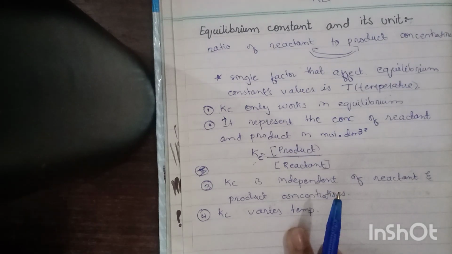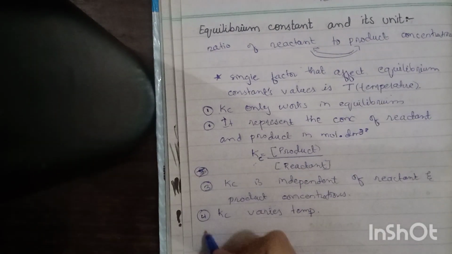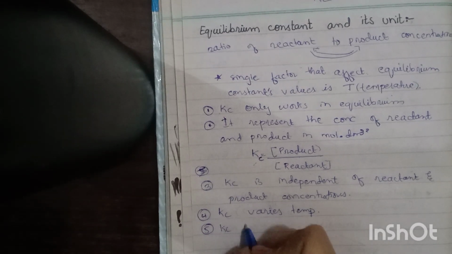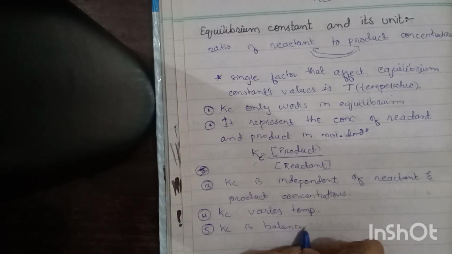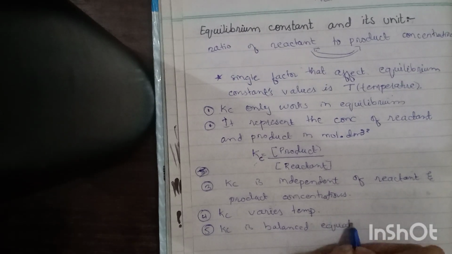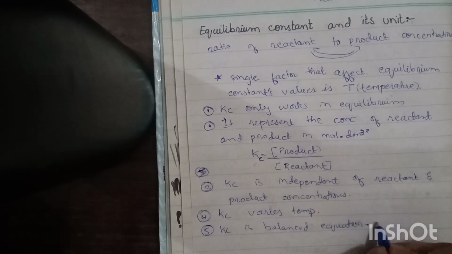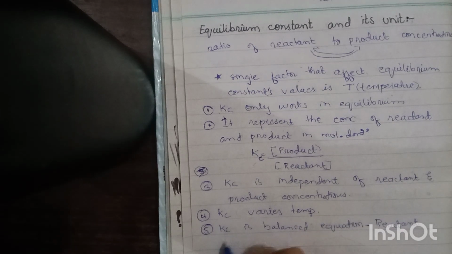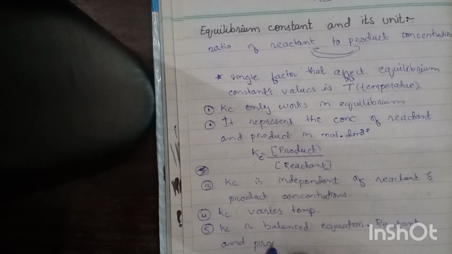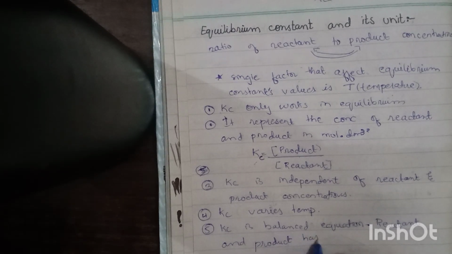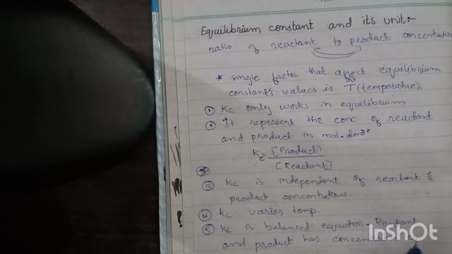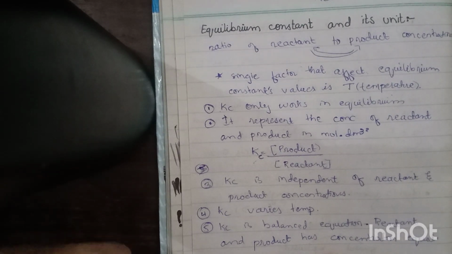The fifth point that we are discussing, Kc is for a balanced equation.